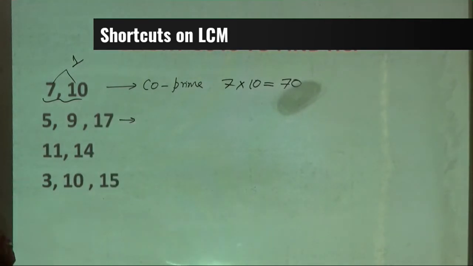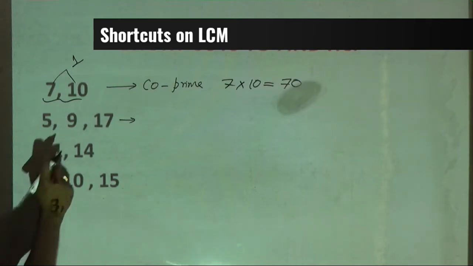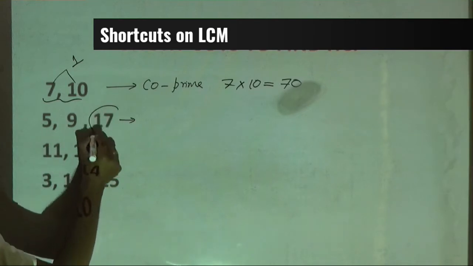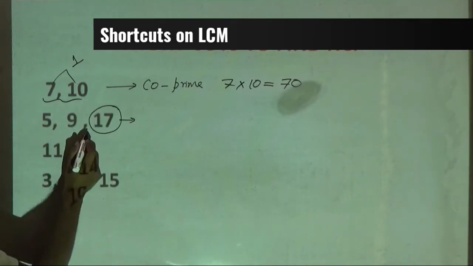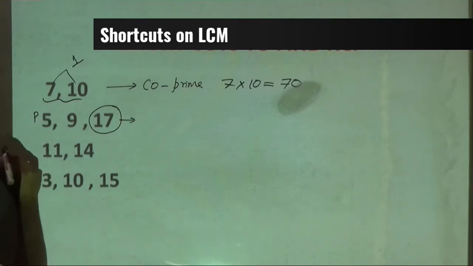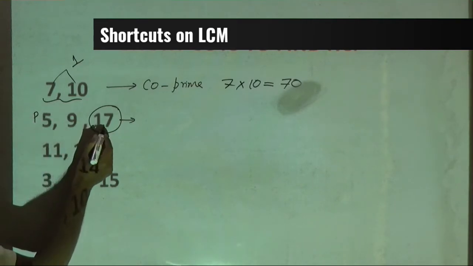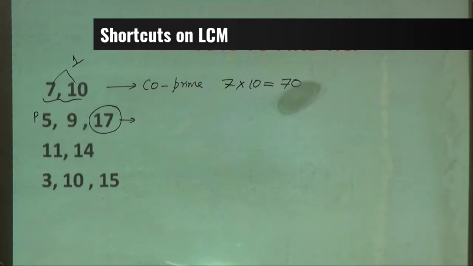Now, I will go for the next question. I want to find out the LCM of 5, 9 and 17. Which is the biggest number among these? 17. Now, 5 is a prime number, and 5 is not going to divide 17. 17 is also a prime number.